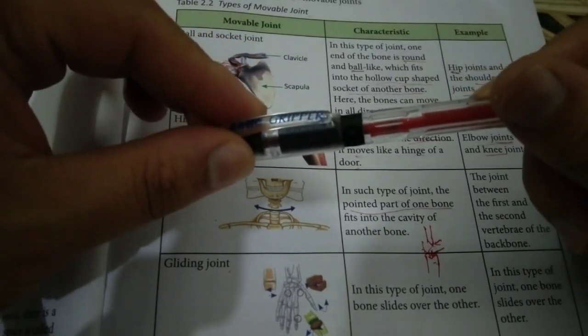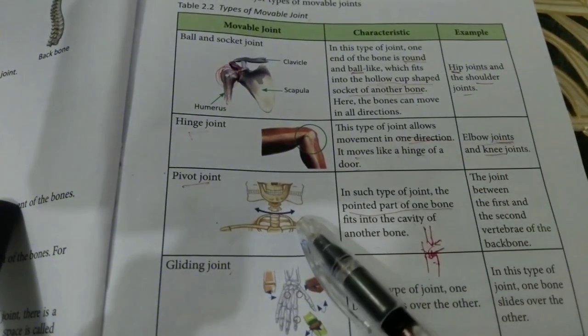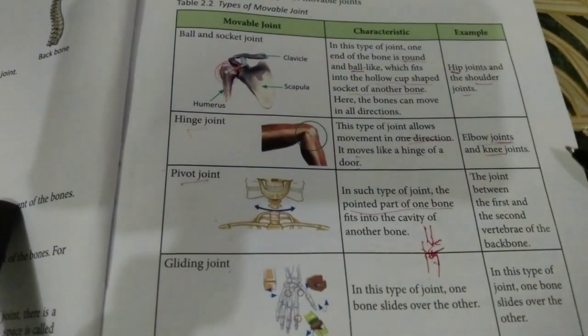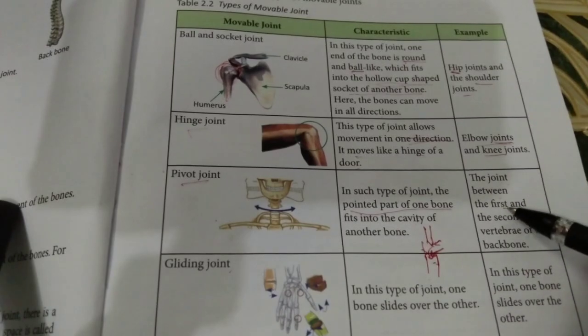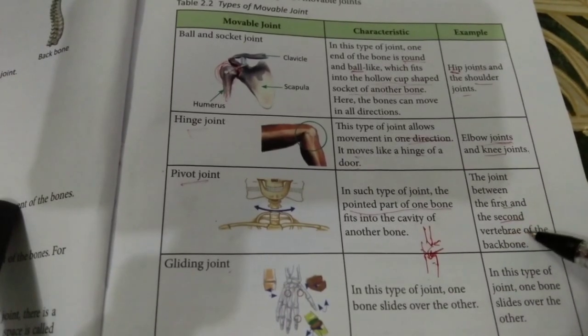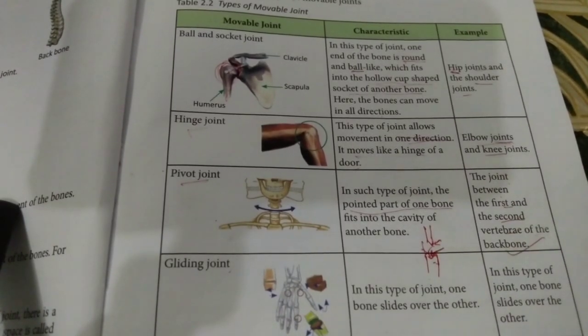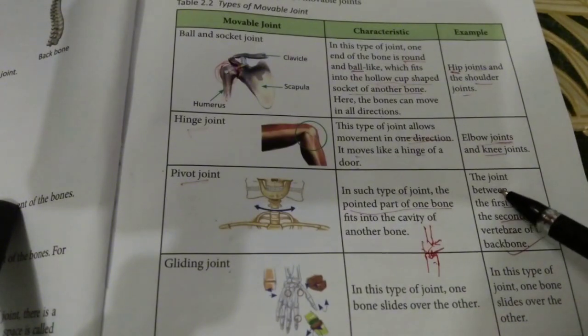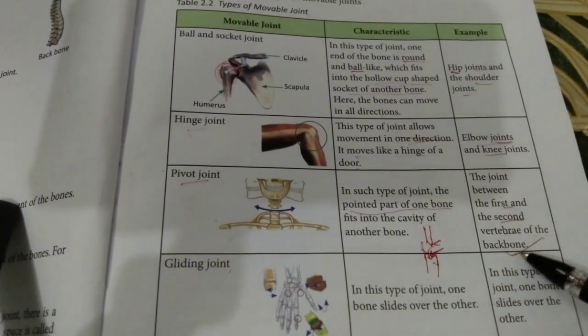This joint is called a pivot joint. An example is the joint between the first and second vertebrae of the backbone, which is an example of a pivot joint.